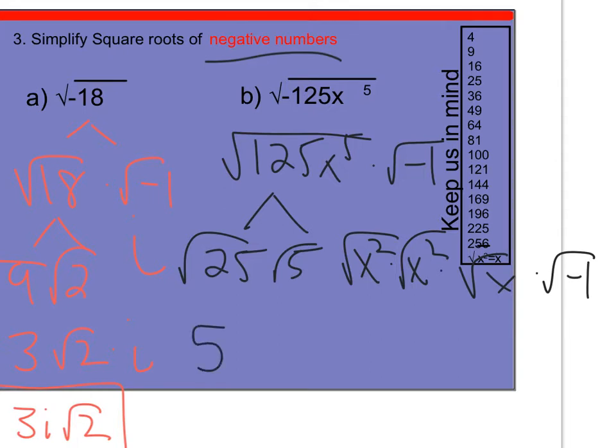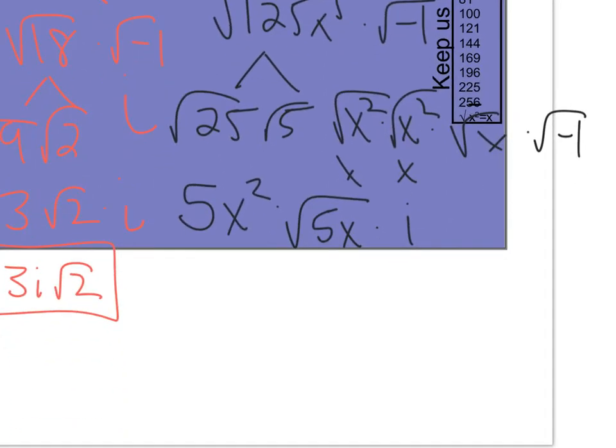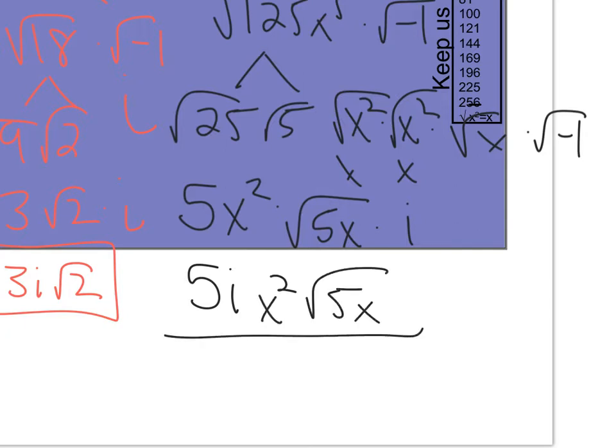So this becomes 5, this becomes x, so that becomes x squared. 5x is left underneath times i. So my fully simplified answer becomes 5i x squared square root of 5x.